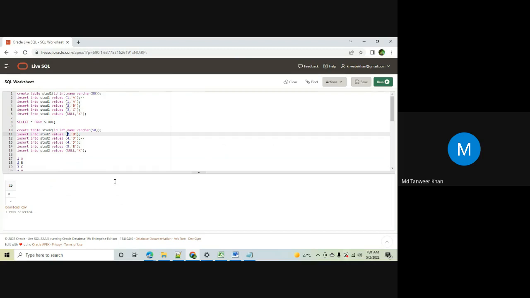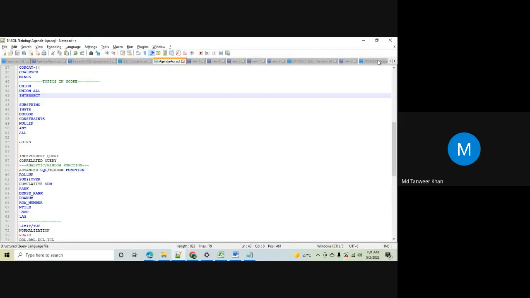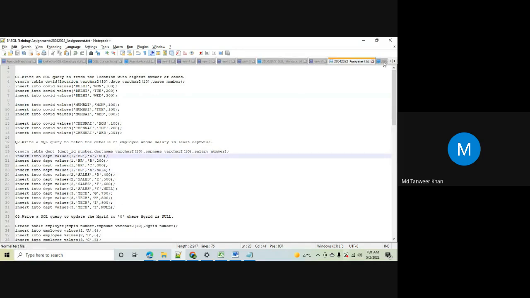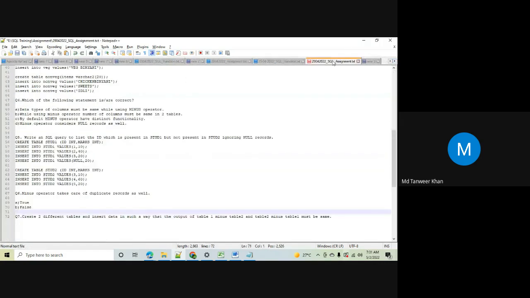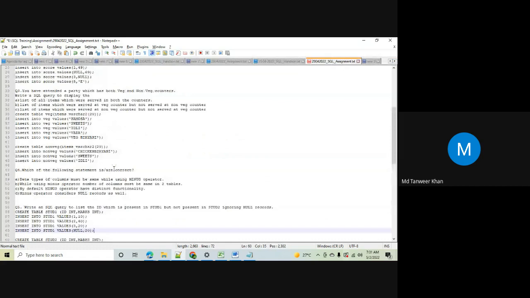If you see this question which I have given yesterday as an assignment, I think this question, yeah. So see this question here. I have asked you that you have attended a party which has both veg and non-veg contents. In many parties you will see that we have veg content and non-veg content, right?